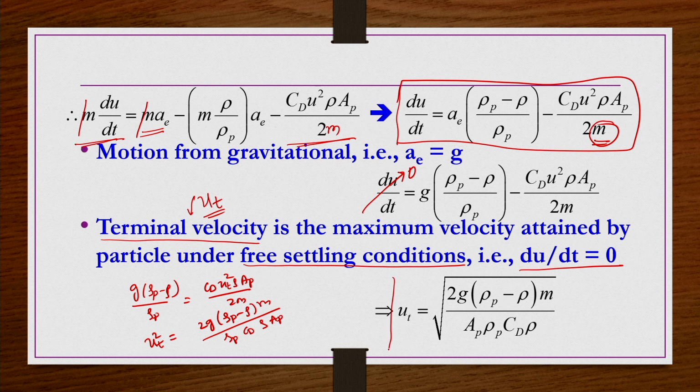Now this is the generalized terminal velocity expression for any particle settling under one dimensional movement in a container, with settling due to gravity. It is not specific to any particle; the only assumption is free settling conditions, that is terminal velocity. Then we take the spherical particle case.